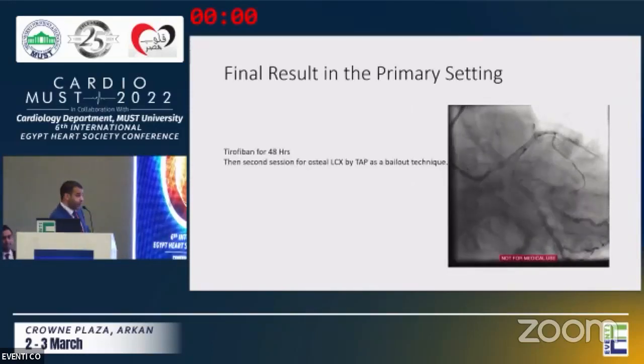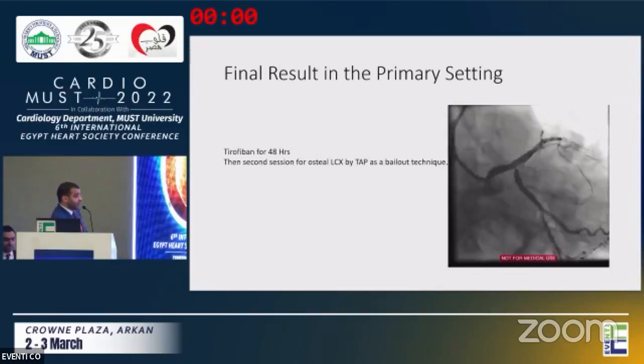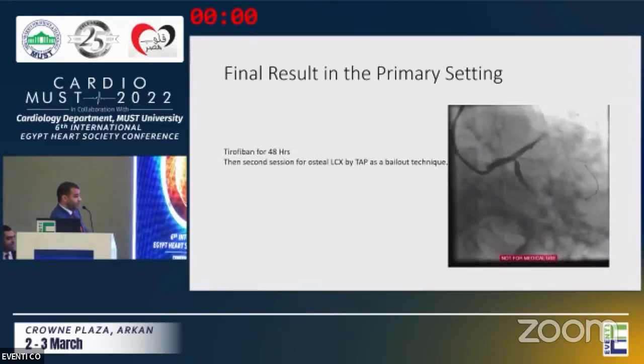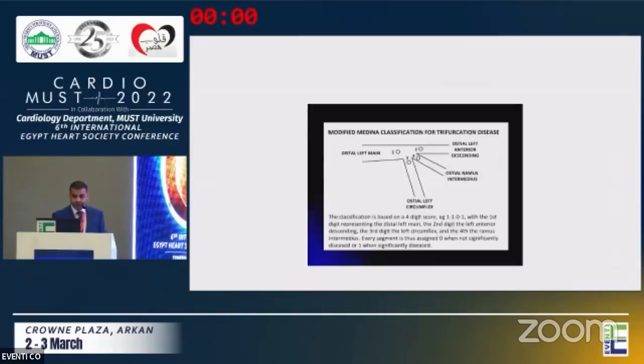But as we can see, after provisional stenting, we have TIMI 3 flow in left main, LAD and LCX. And I put the patient on tirofiban and planned to complete it by the TAP technique after 2 or 3 days as a bailout technique. After tirofiban is given and the thrombus burden reduced, we can go for stenting and kissing safely. So we always have to reduce the thrombus burden.